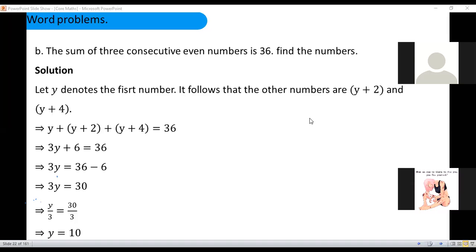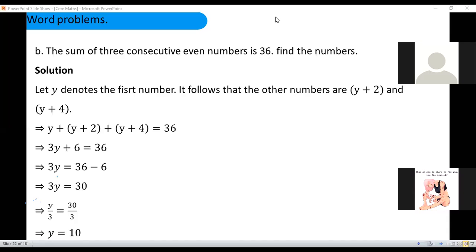Okay, thanks. Yes, I saw your hand up. Sir, I was first confused, but I got it correct. Justin, are you trying to say that the third consecutive number is 14? Yes, please.